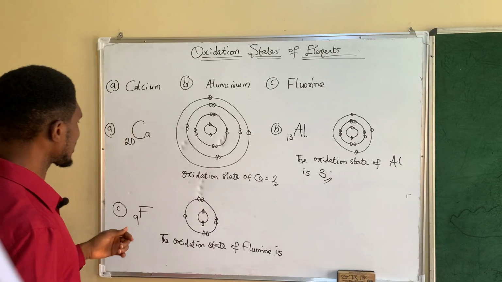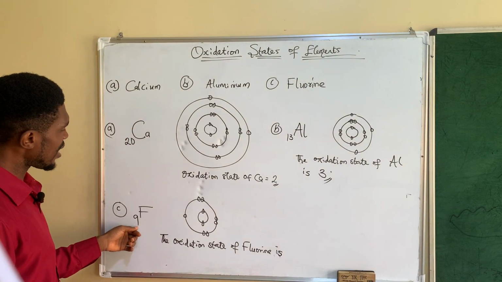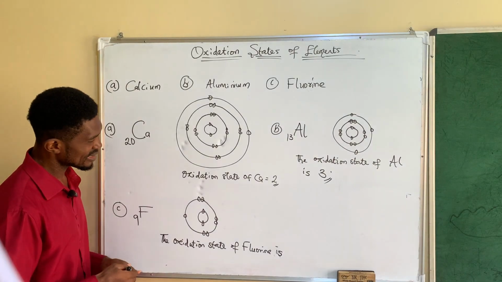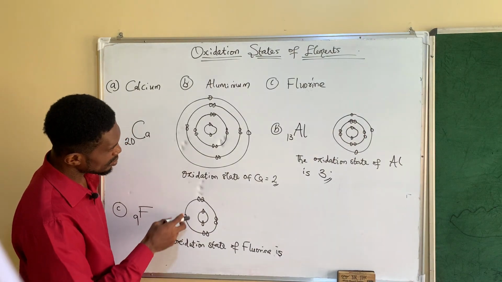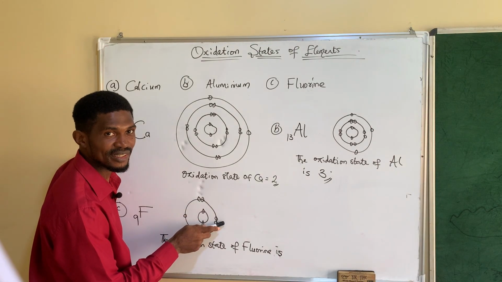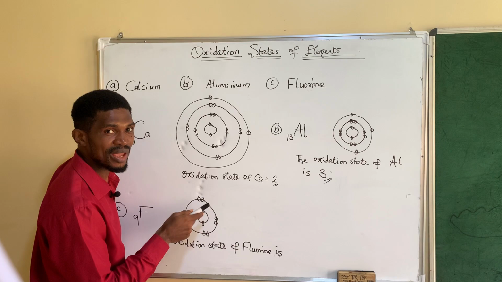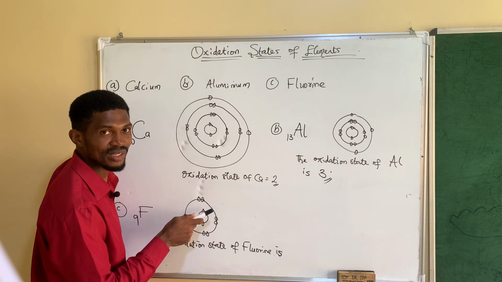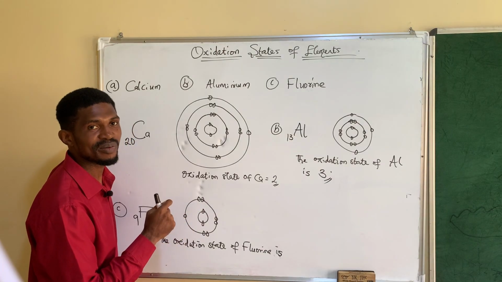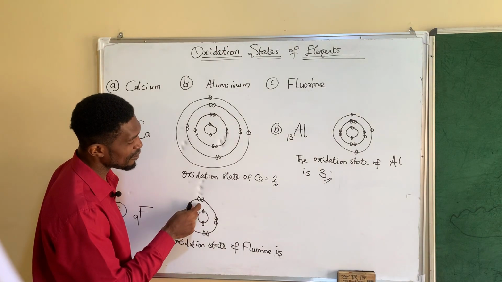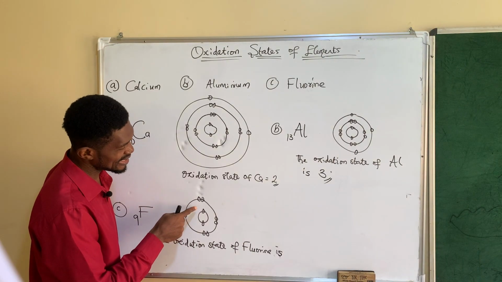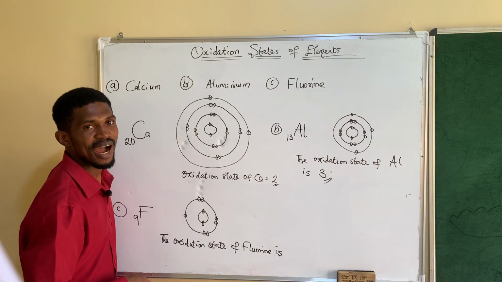So when you get to a case like fluorine here, since the number of electrons in the outermost shell is more than 4, it is no longer a metal. If it is 4, it is a metalloid. If it is more than 4, it becomes a non-metal. In this case, we have 7 outside.